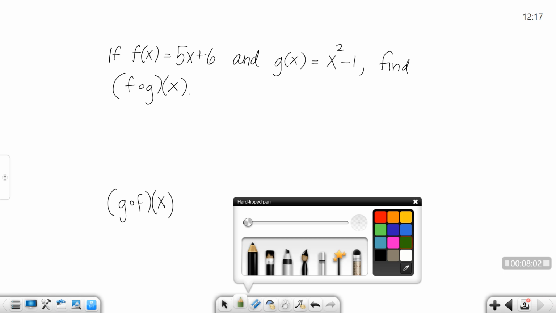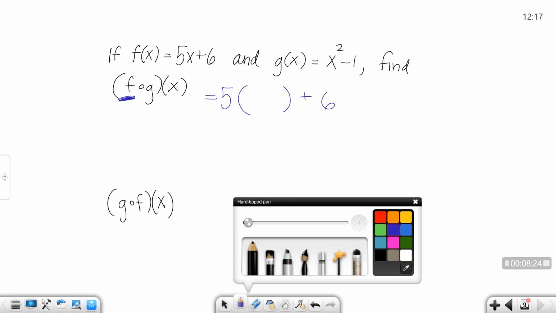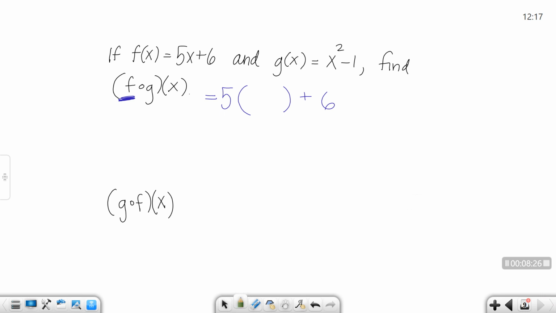Okay, so the composition isn't too hard. You just have to remember a few steps. Here's the easiest way to do it. I give you two functions up here and I ask you to find f of g. This one starts with f right here in the blue, so we're going to start with our f function. Our f function is 5x plus 6. Take the x out: 5, blank, plus 6. What the composition tells us to do is take our second function and plug into that missing piece.